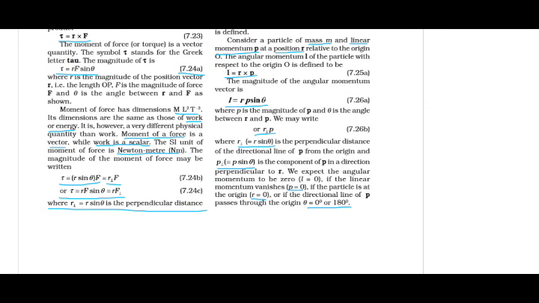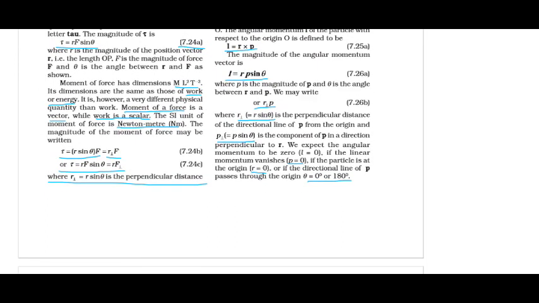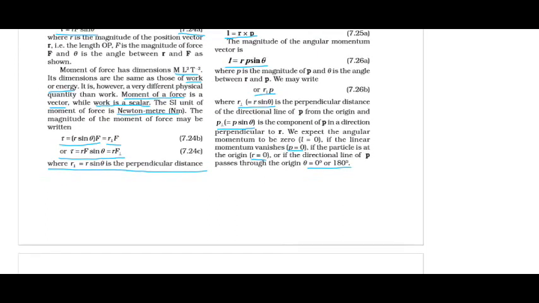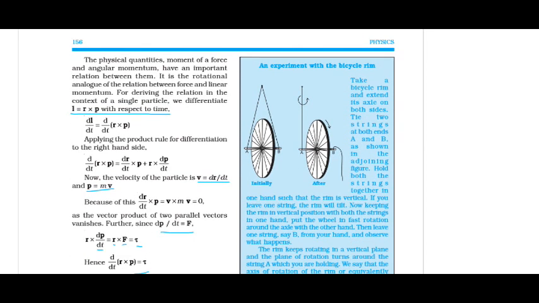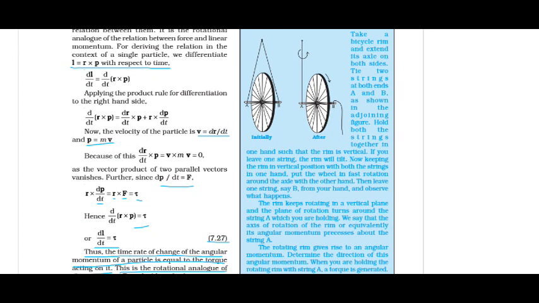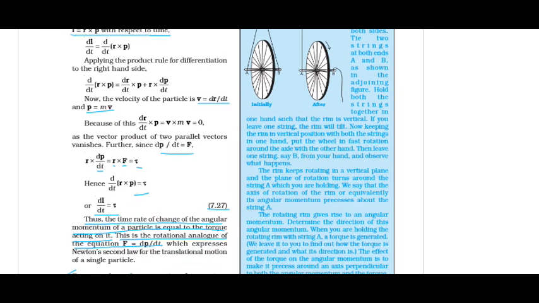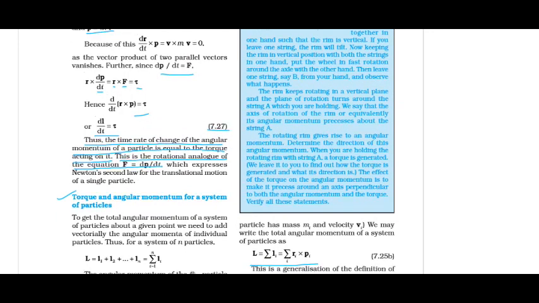So L is equal to r cross p, and the magnitude of L is equal to r p sine theta. Since this is also a vector product, it follows all the rules of vector product. Now we have proved that if we differentiate, or find the rate of change of angular momentum, we get tau, the torque. So torque is the rate of change of angular momentum.